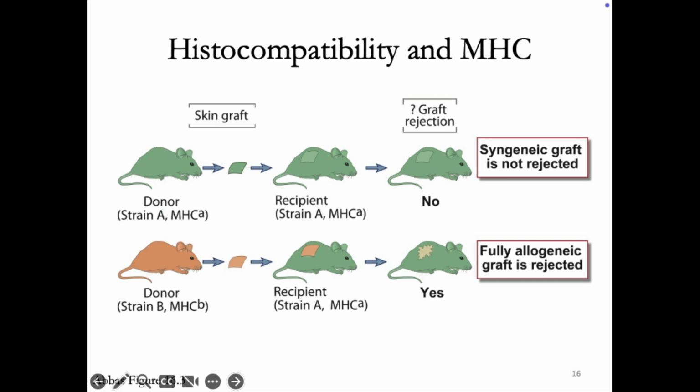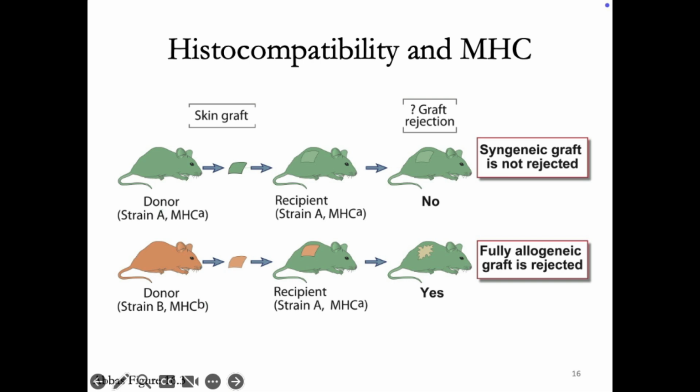They also show an allogeneic graft here at the bottom, where you can see we've got this mouse who's of strain B and is orange. We take a piece of skin from this mouse, we transplant it into the green mouse, strain A mouse, and you can see that that graft is rejected. And so this is an allogeneic graft.